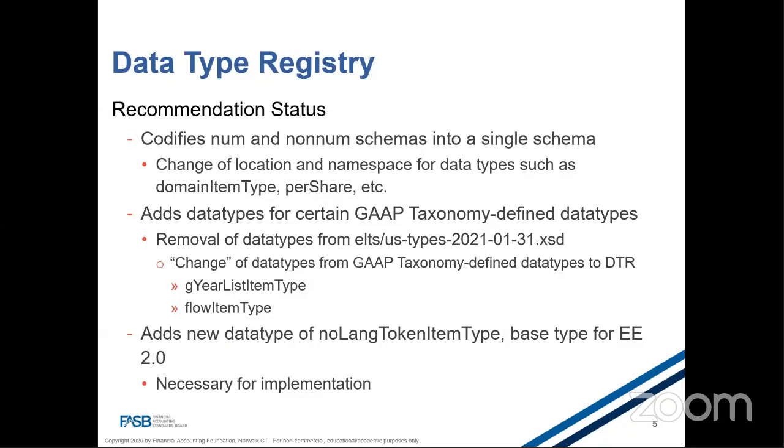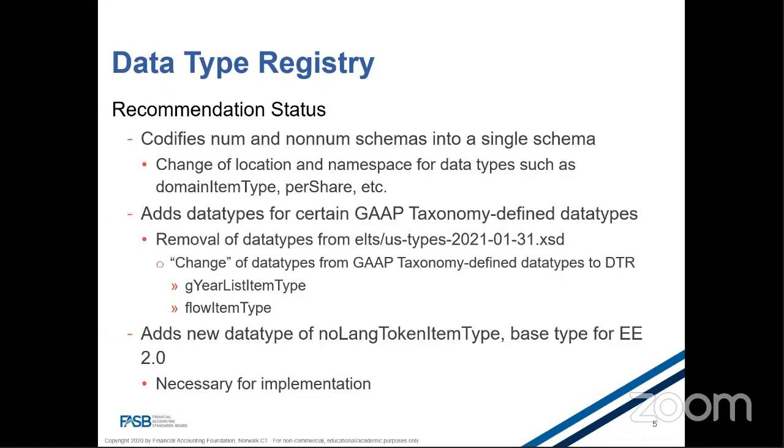This DTR adds a number of new data types that have been requested by jurisdictions. Within this process, XII has codified the numeric and non-numeric schemas into this new single DTR schema.